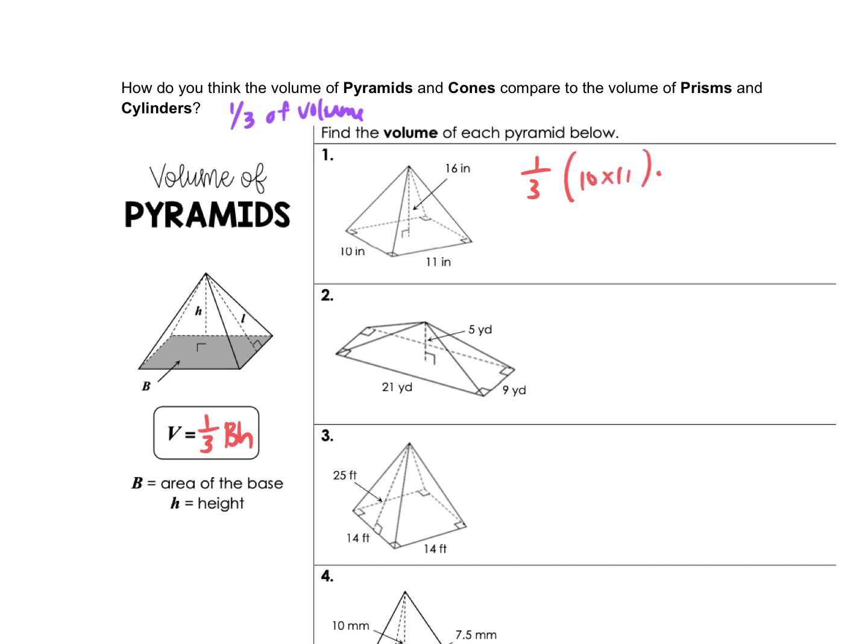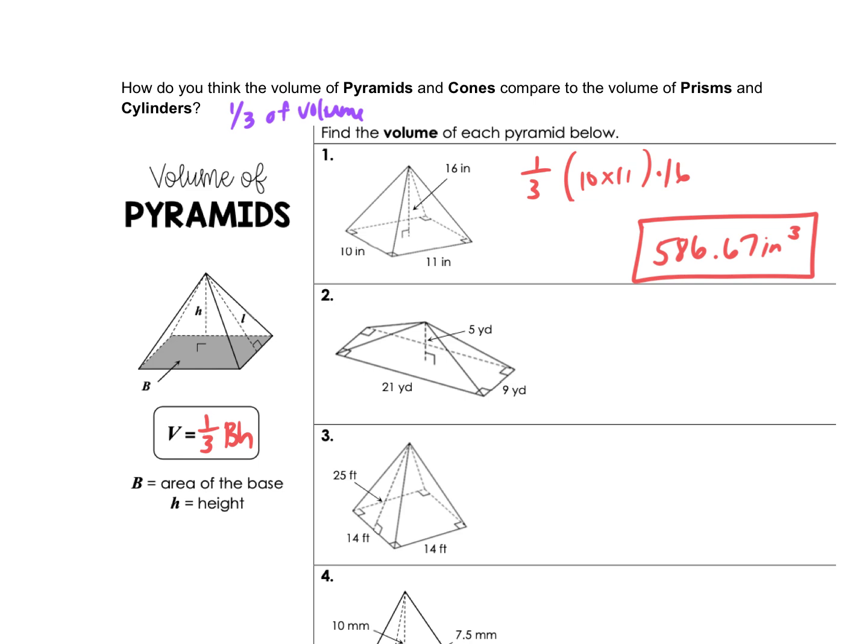And again, height is perpendicular to the base. Okay, so you're going to get 586.67 inches cubed. So you see where it has the little symbol drawn that shows that that's a perpendicular.